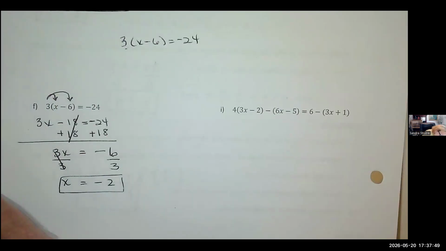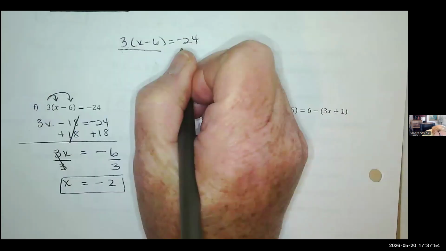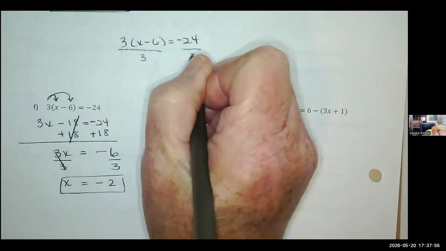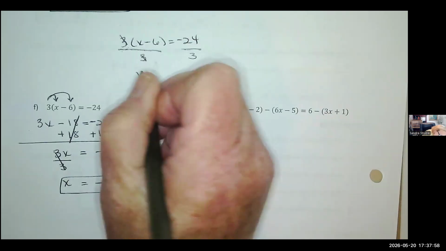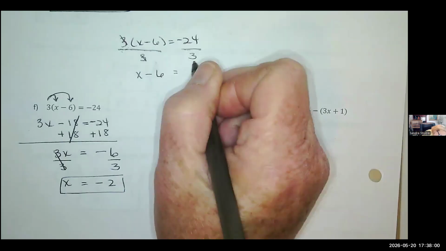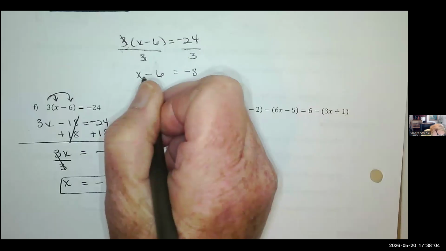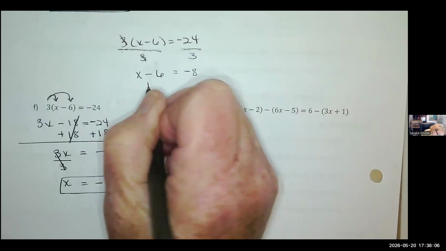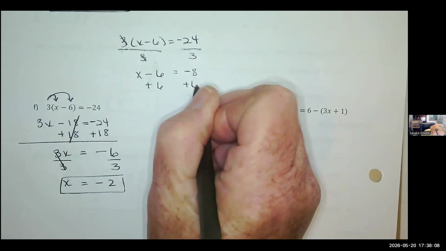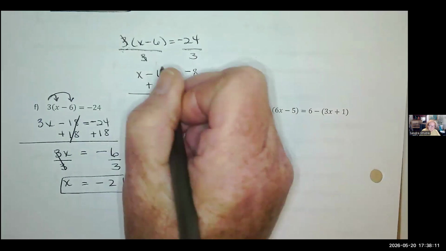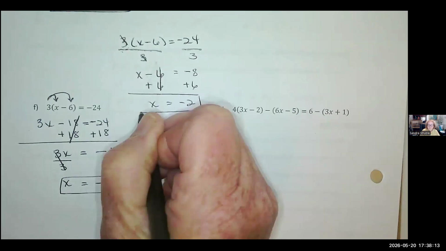I can divide both sides of the equal sign by 3. This goes away, and I'm left with x minus 6. Negative 24 divided by 3 is negative 8. 6 is attached to x by subtraction, so I need to add 6 to both sides. x is equal to negative 2. Just another way to do it.